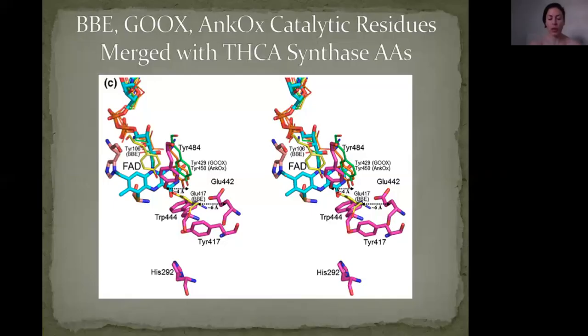So what next? What residues could they investigate next? Okay, well, the tyrosine 429 and tyrosine 450 of the GOX and OncoX respectively are located near the tyrosine 484 of the THCA synthase. So they thought, okay, well, then this must be the most likely residue that's responsible for the deprotonation activity of the oxidocyclization of CBGA to THCA synthase.